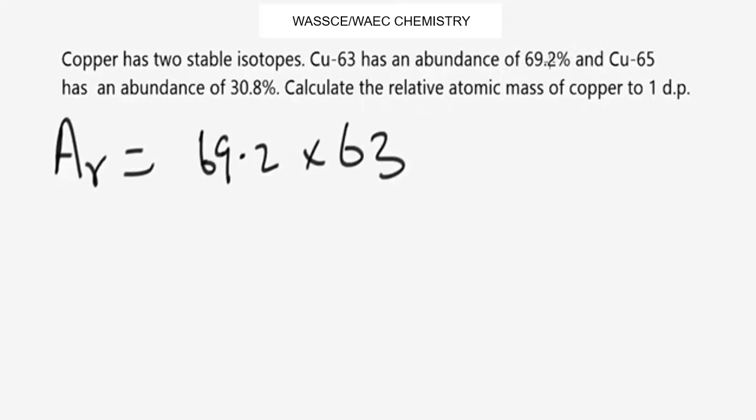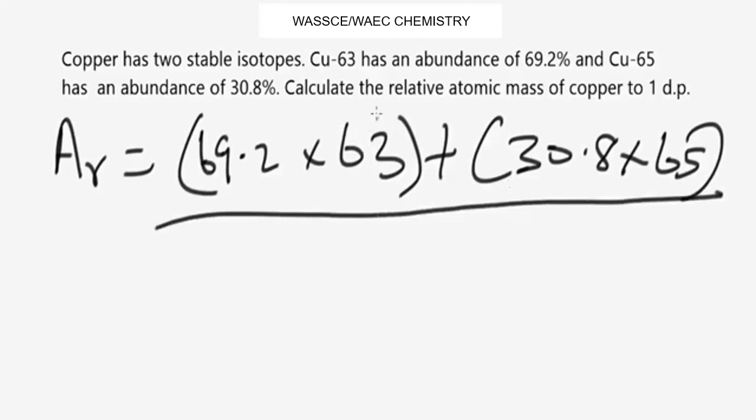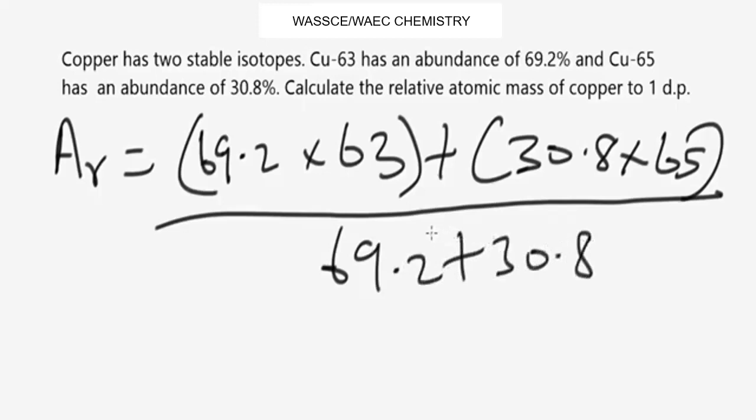So this is the percent abundance times the mass number of this copper here, plus, put it in brackets, this time the percent abundance of this copper here, 30.8, times the mass number of the copper, that's 65, over the sum of the percent abundance of the elements. So we're going to have 69.2 plus 30.8.